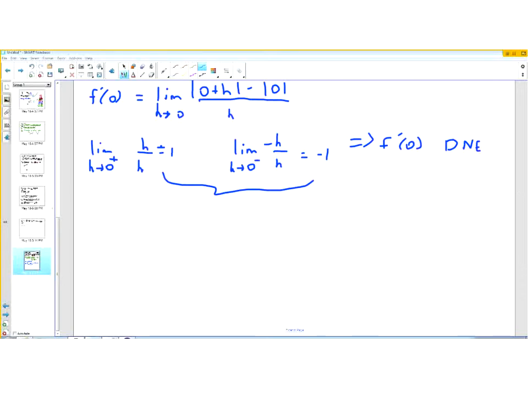So let me show you the pictures of the absolute value function and its proposed derivative. So we have something that looks like this.